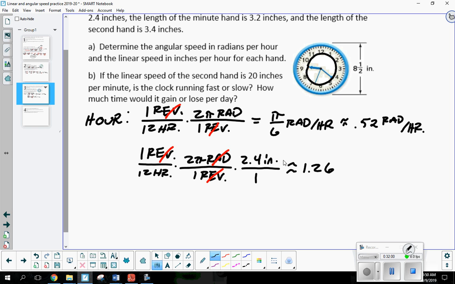But 1.26 what? Inches per hour. Then you would do something similar for the minute hand and the second hand. All right, how are we doing? Is anybody confused? Any questions?